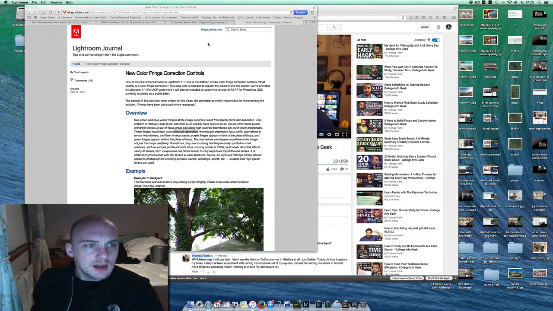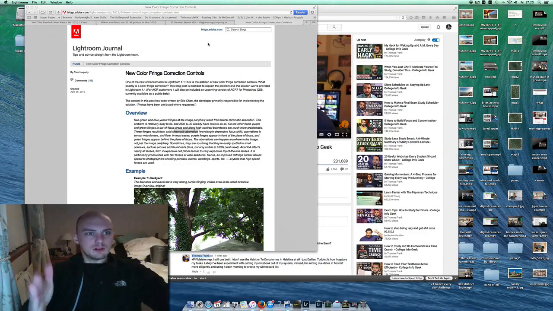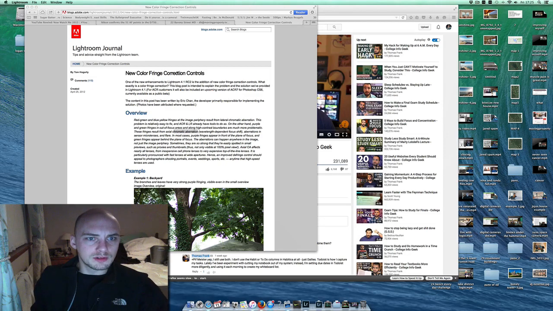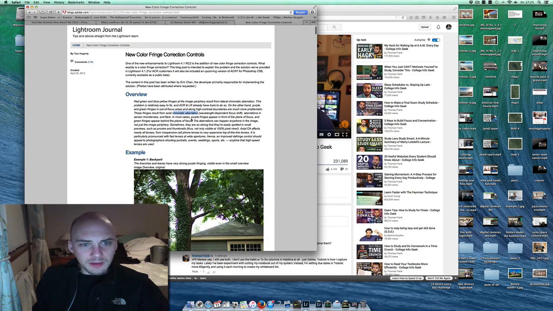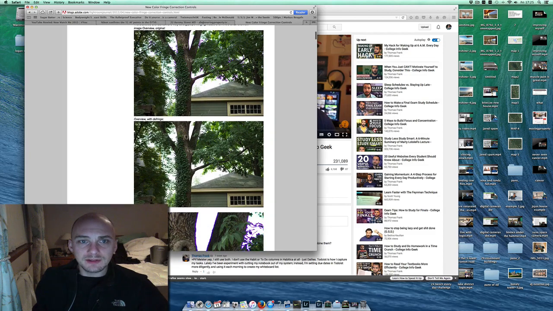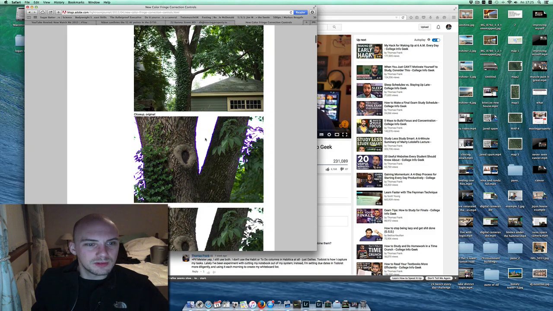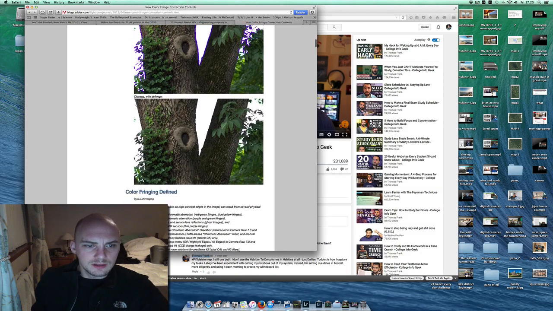I went to the Lightroom journal, just to remind me what's going on here, and let's talk about the different types of chromatic aberration, axial chromatic aberration, lateral chromatic aberration, all that kind of stuff. Their examples have purple in the trees. Again, you usually get it with really poor sensors. You don't get it so often nowadays.